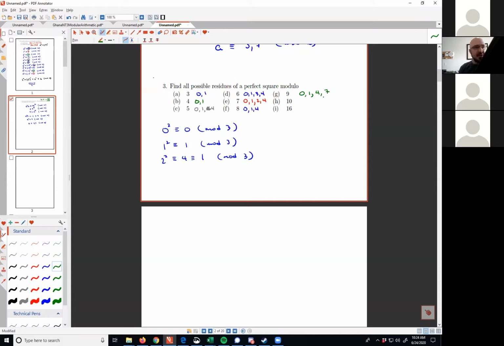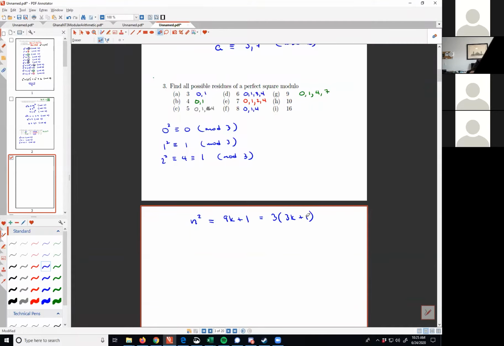And I'll point this out. I'll write this down. If we have some perfect square, and we can write it as 9 times an integer plus 1, in other words, it is congruent to 1 mod 9, we could rewrite that as 3 times 3k, plus 1.